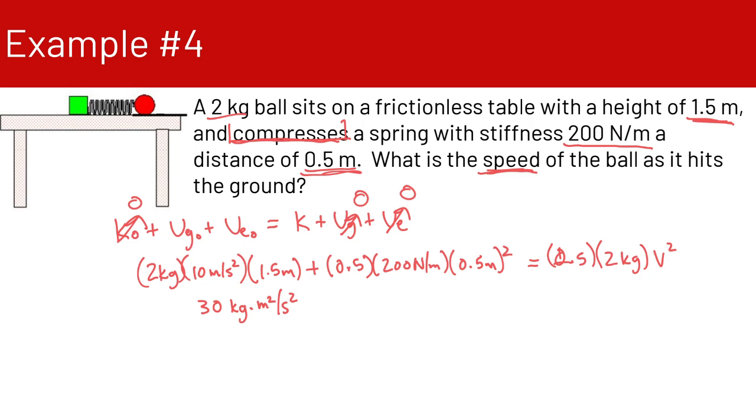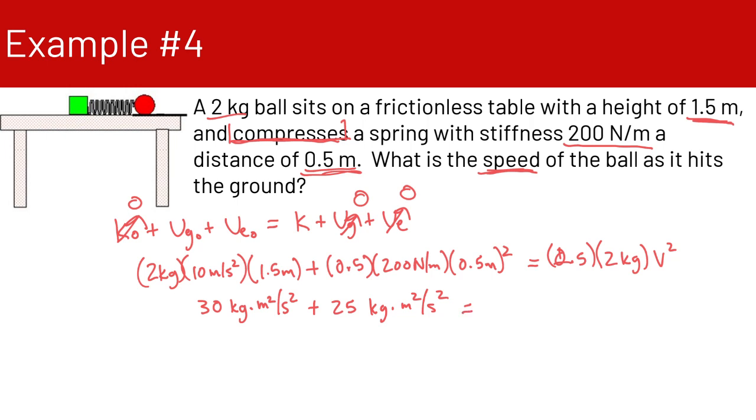So that gives us a total of 25. Newtons is kilograms meters per second squared divided by meters. So that's kilograms per second squared, but we're multiplying by meters. So we have kilograms meters squared per second squared. So we have like units here.